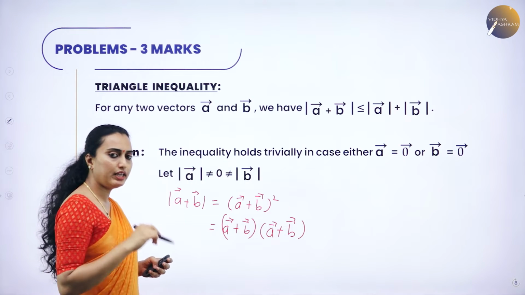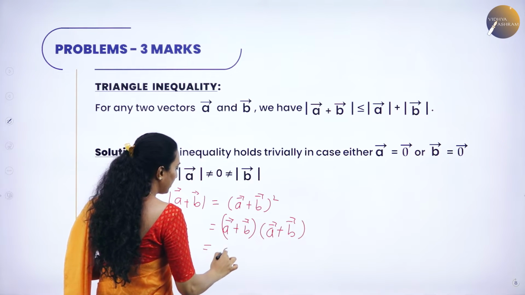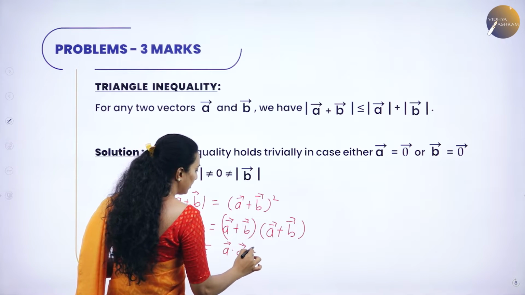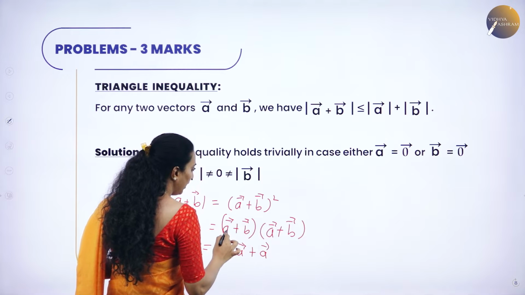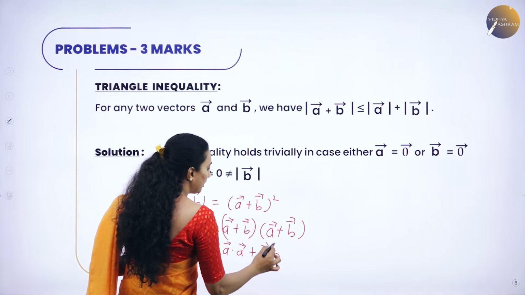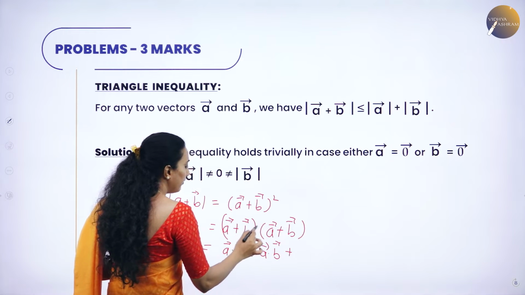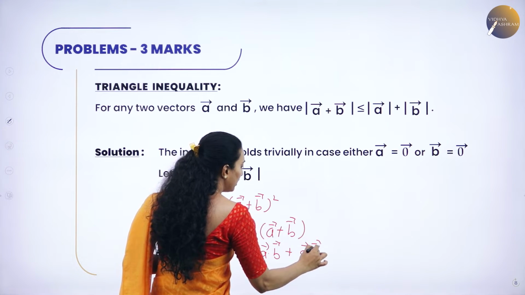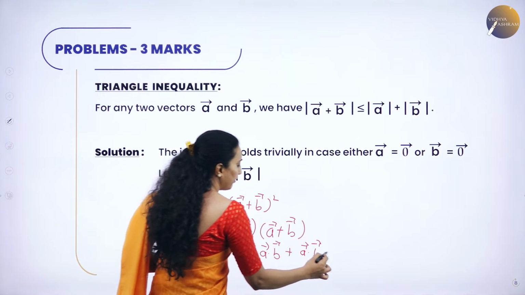Now you can multiply each term, which will give you A vector dot A vector, plus A vector dot B vector, similarly plus B vector dot A vector, which is written as A vector dot B vector only, similarly B vector dot B vector.